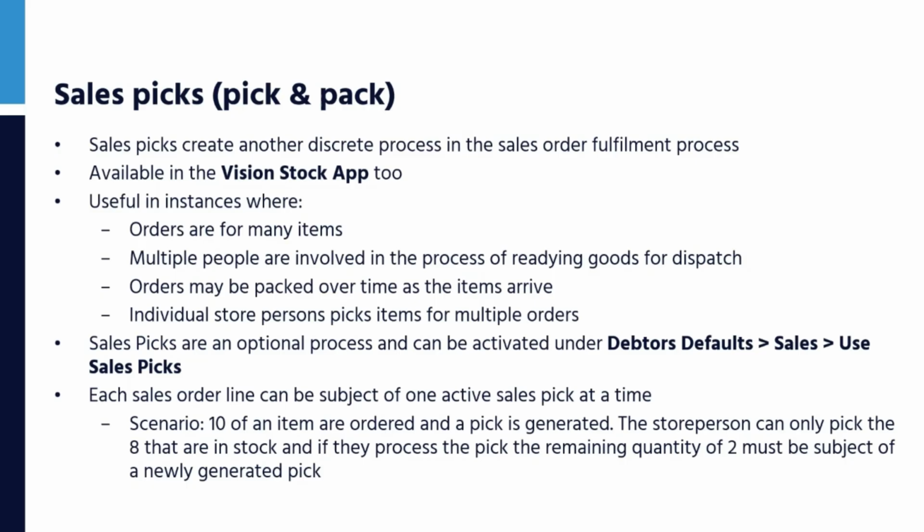Just in the context of a scenario, if you have an order that is placed for a quantity of 10 and you generate a pick for a quantity of 10, and let's just say that there's only 8 in stock that the store person's able to grab at that point in time, then if they process that pick, another pick will need to be generated to pick up the remaining quantity of 2. So that's just a little thing to keep in mind with the sales pick process.